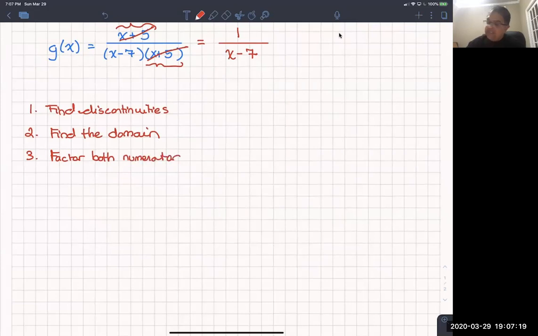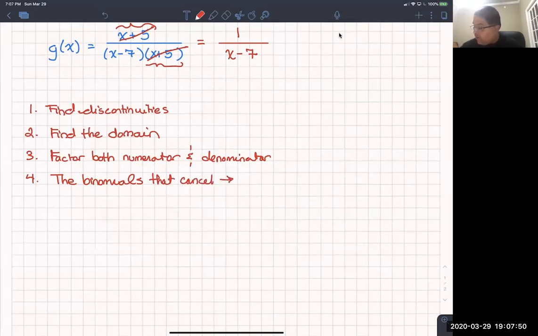Now, in this situation, maybe just the numerator needs to be factored, maybe just the denominator needs to be factored, maybe both need to be factored, but factor both the numerator and denominator. And then the values that cancel out, or the binomials that cancel out, those values of x are your holes, or removable discontinuities. The discontinuities that are left are your vertical asymptotes.